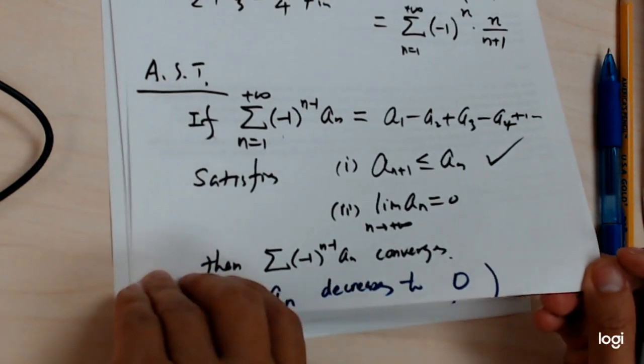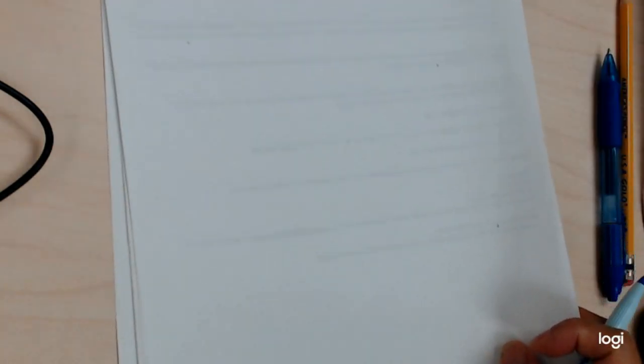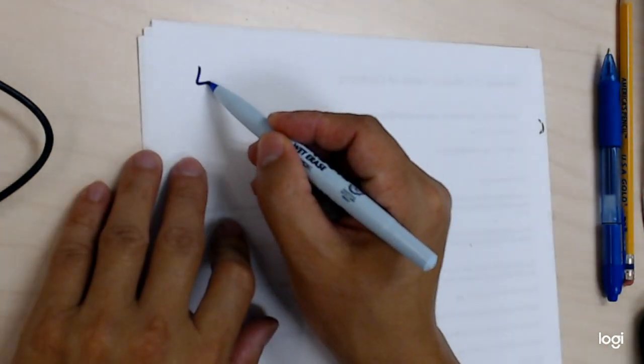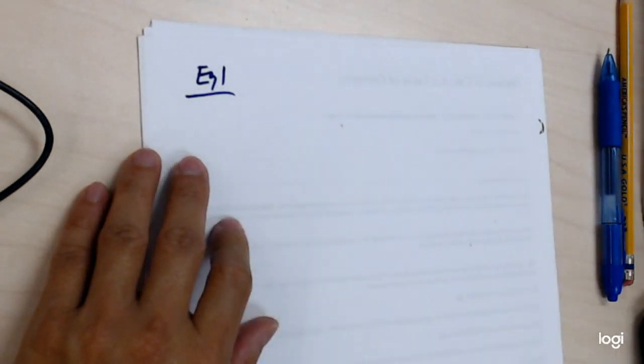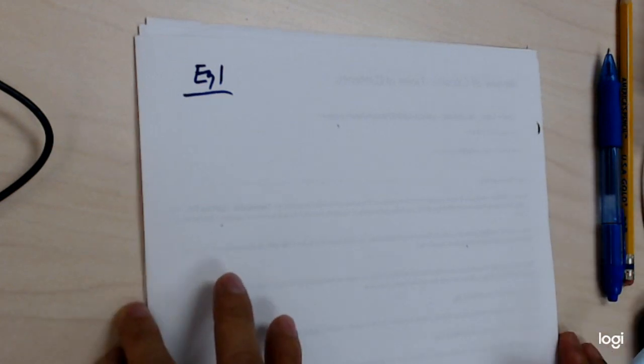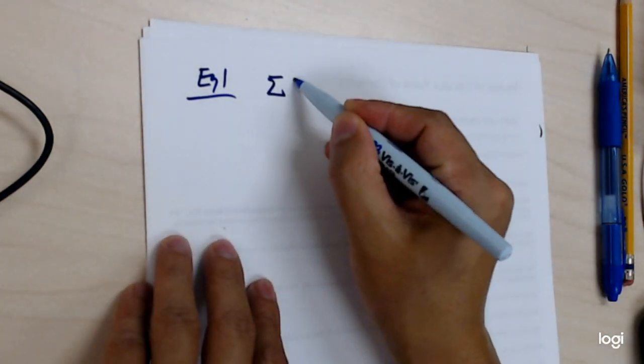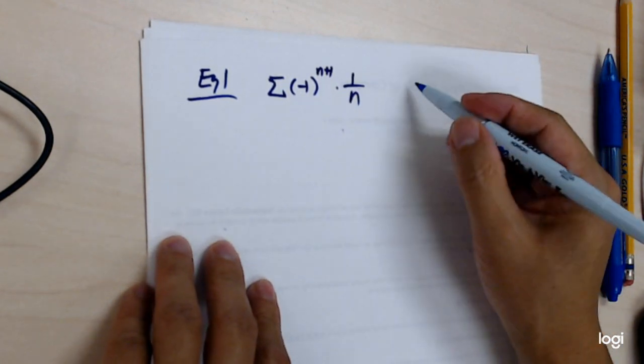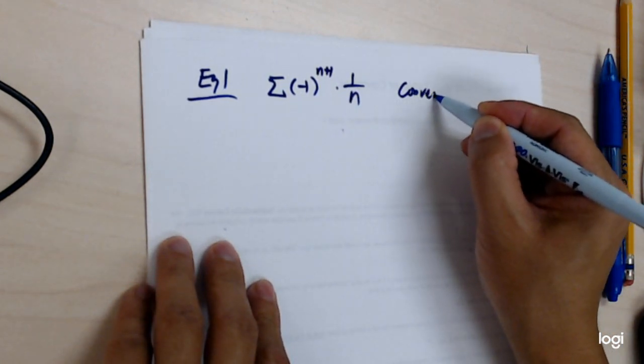So let me show you a couple of examples. Example number 1. Show that this alternating series converges.